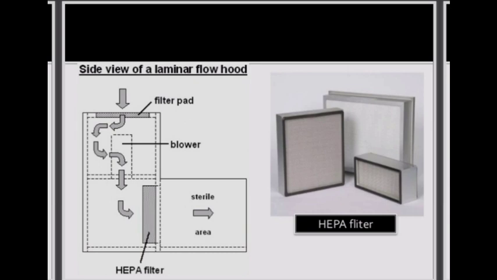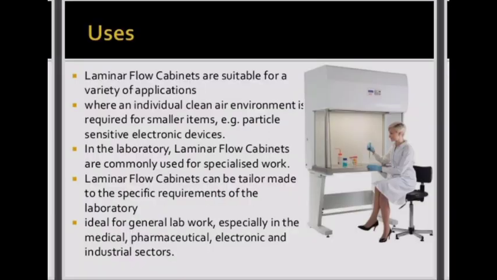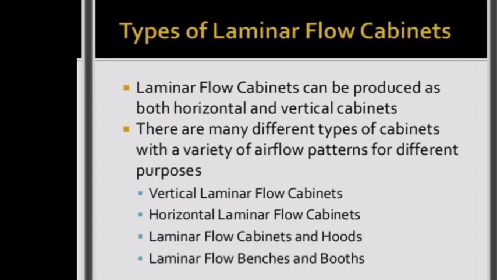where we can do all our work without risk of contamination. Here we have a diagram of a laminar flow unit where we can see the filter pad, blower and HEPA filter together providing a sterile area. A laminar flow unit has industry-wide usage and can be applied in many industries such as medical, research, pharmacy, educational, and also electronics, optics and micromechanics.